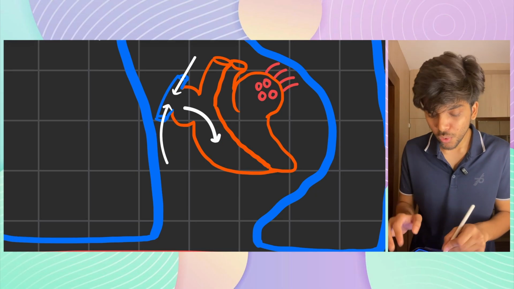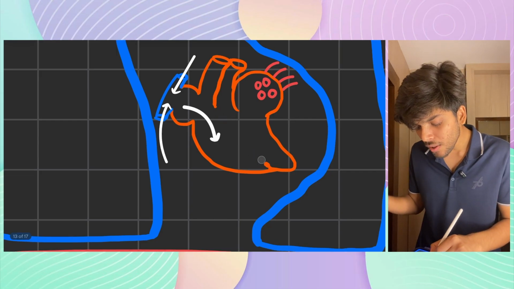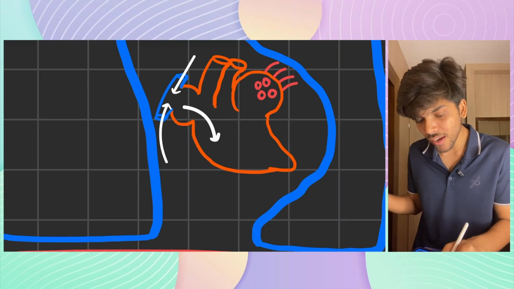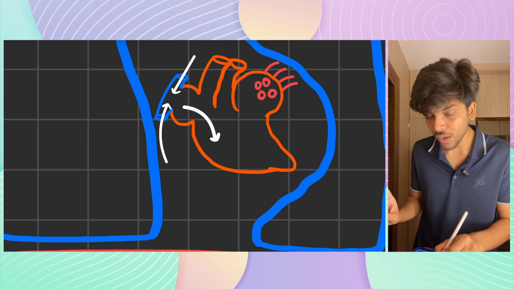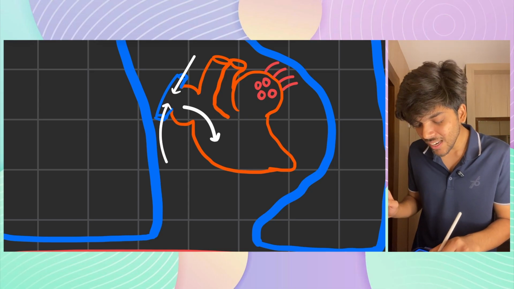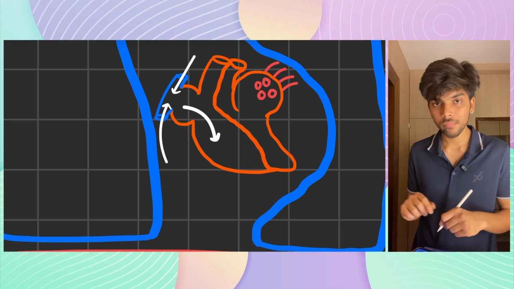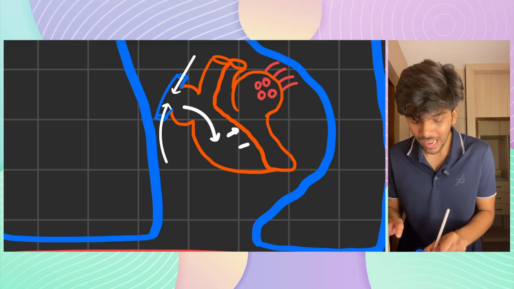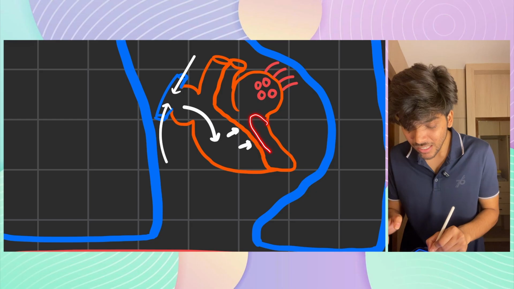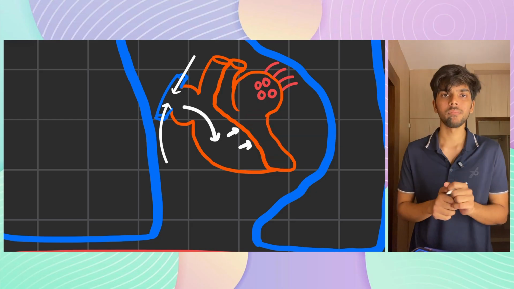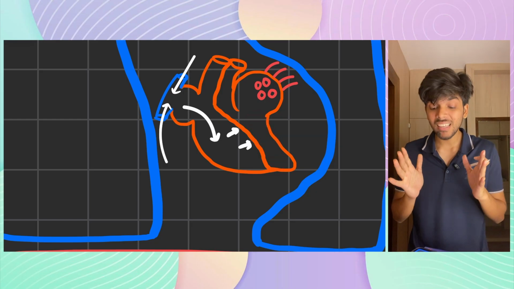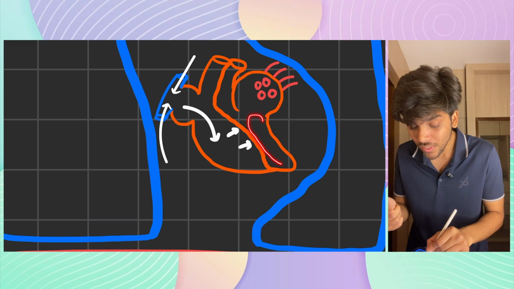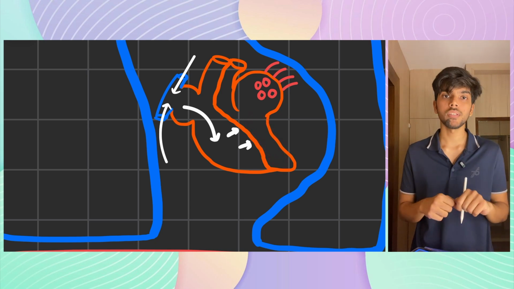Due to the push by the lots of blood in the right ventricle, the interventricular septum gets slightly pushed to the left side. As it gets pushed to the left, the space inside the left ventricle decreases. So number one, there is decrease in the cavity size of the left ventricle during inspiration.